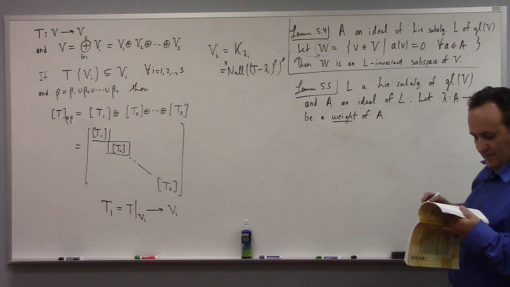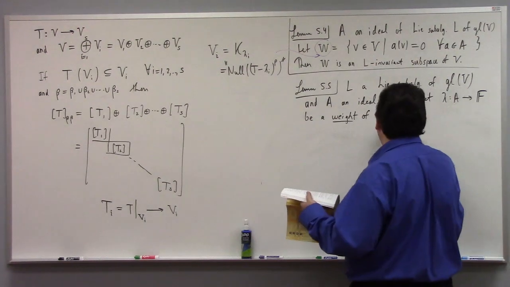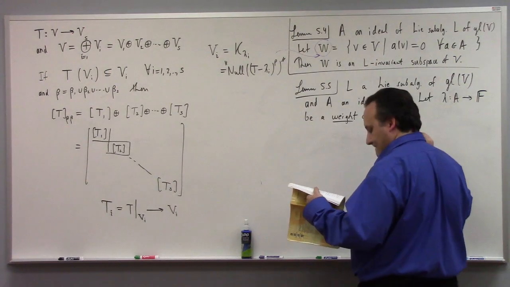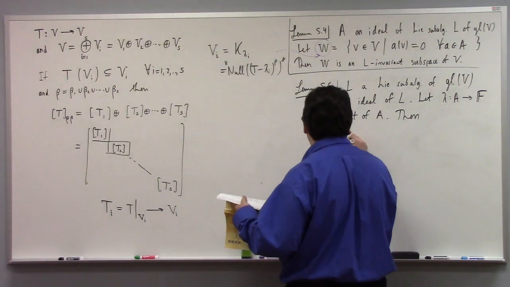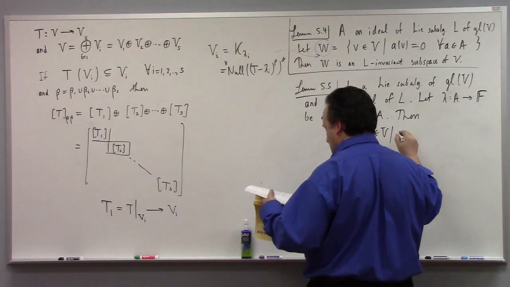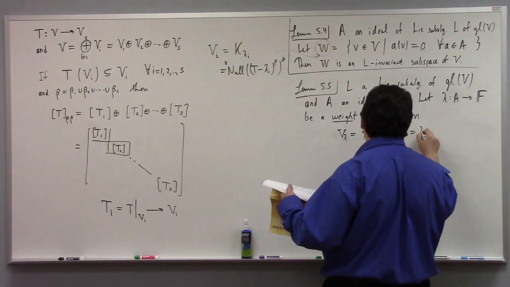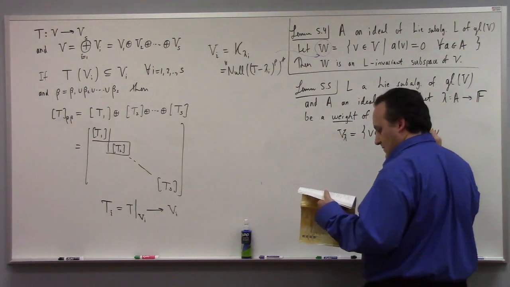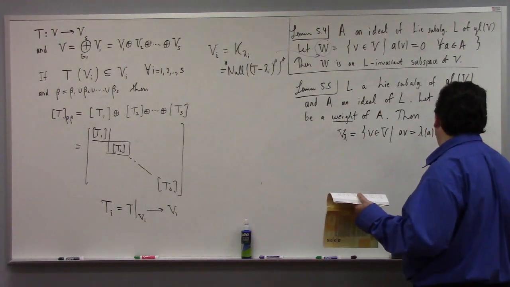The associated weight space V_lambda is the set of v in V such that a·v equals lambda(a)v for all a in A.